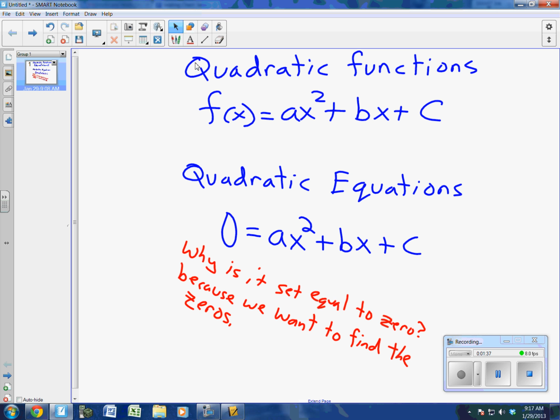On the Whiny Girlfriend versus Nitro boat, where were the zeros? Okay, the boat and where she hit the water. What are zeros again, you guys, on the graph? The x-intercepts, okay? X-intercepts are the zeros, right?